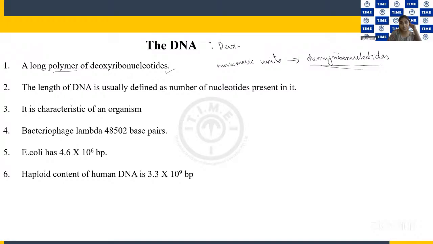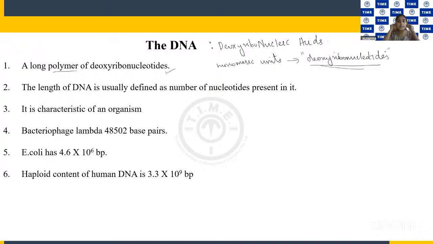I'll just write it down here: deoxyribonucleic acid. So this is the full form of DNA. It's a polymer, as I said, made up of monomeric units. We'll be dealing with that very shortly.